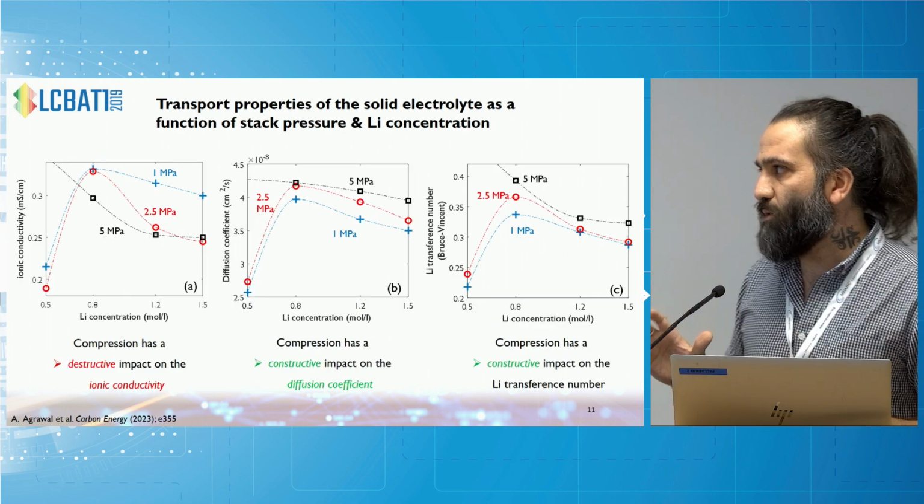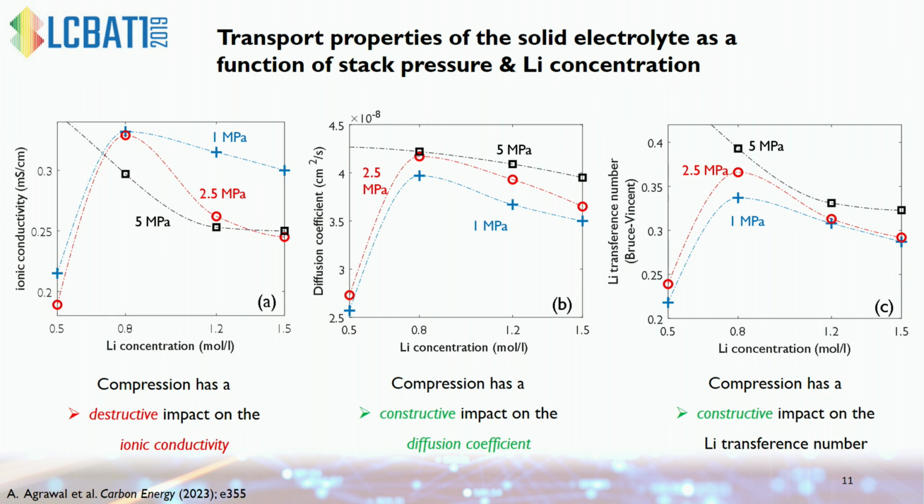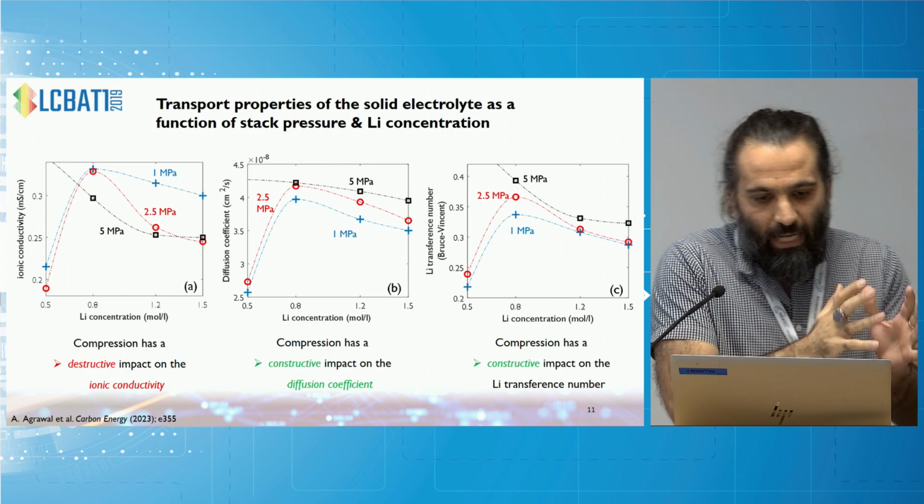Besides, today we heard a lot about ionic conductivity, but we should not forget the lithium transference number, because ionic conductivity is a high frequency property. For the performance of a cell, what matters is the lithium transference number. Ionic conductivity is very high frequency, not really for battery operation.